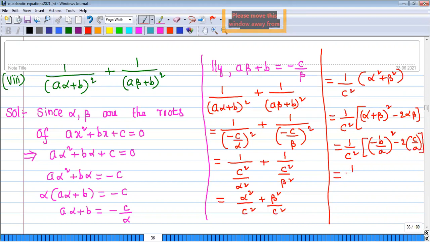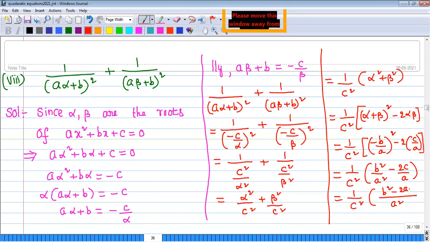So 1 upon c square into b square upon a square minus 2c by a. So a square is the LCM: b square minus 2ac upon a square c square. So this is the answer.